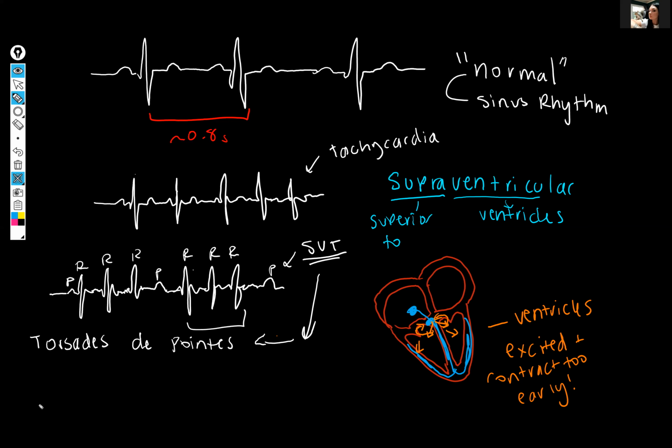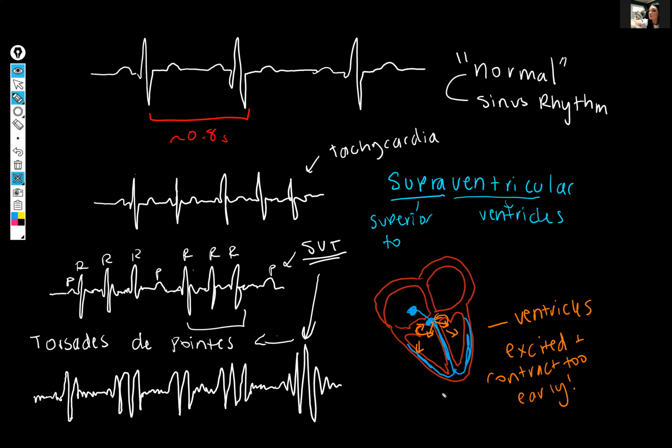And that is where you have this strange pattern where you get a very diminished P wave, if any, and you get these increasing in magnitude QRS complexes, looking more like that.